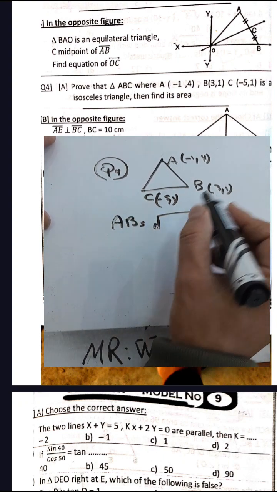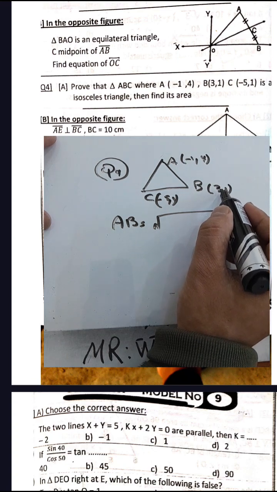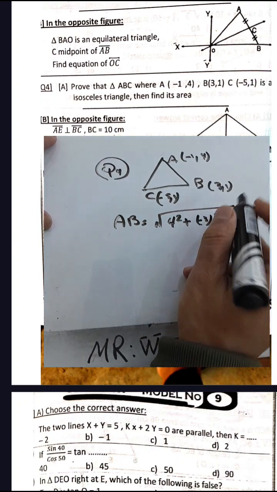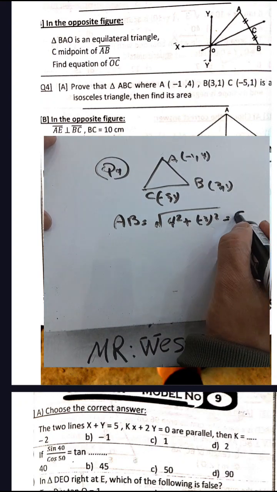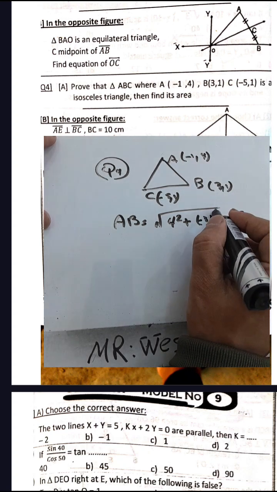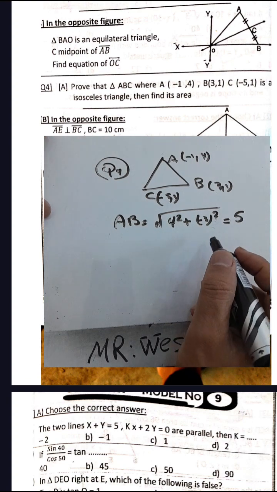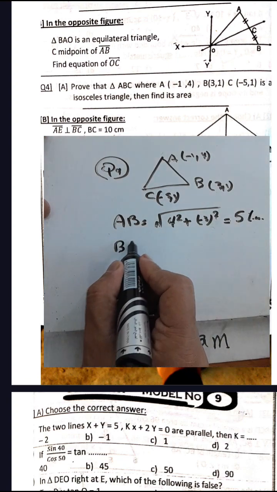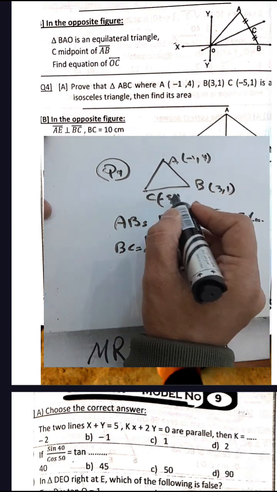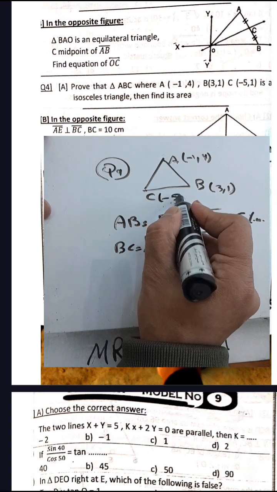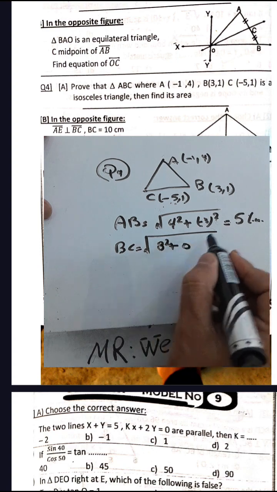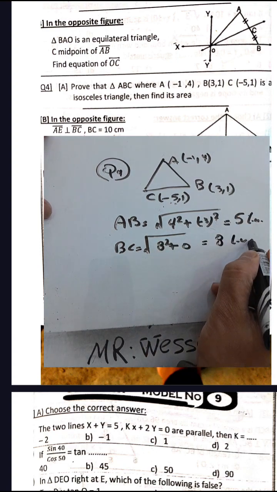equal square root of (x2 minus x1) power 2, 3 minus (-1) it will be 4 power 2, and 1 minus 4 it will be negative 3 power 2. 16 plus 9 is 25, square root of it will be 5 units. And we can find PC. 3 minus (-5) it will be 8 power 2, 1 minus 1 is 0, the result will be 8 units.